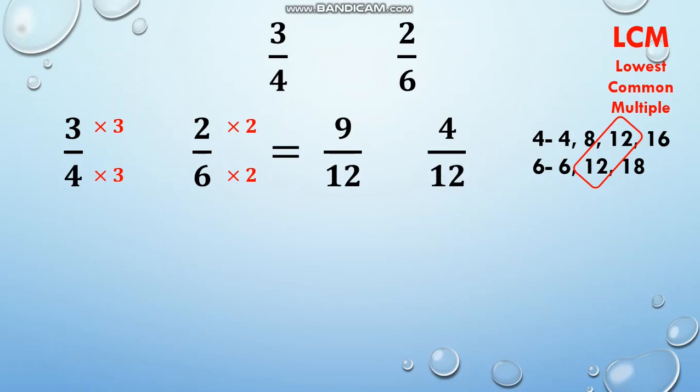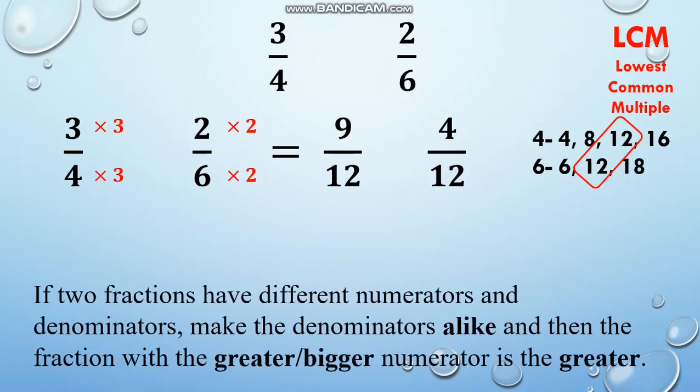So now we have 9/12 and 4/12, and keep in mind that 9/12 is equivalent to 3/4, and 4/12 is equivalent to 2/6. So of the numerators 9 and 4, which one is greater? That's right, 9. So 9/12 is greater than 4/12, which means 3/4 is greater than 2/6.